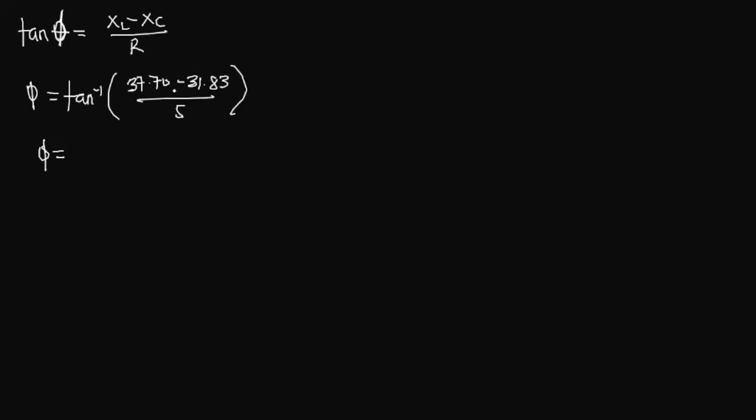If you do the subtraction, you're going to get 5.87 divided by 5 at the top, and then the tan inverse of this ratio is going to give you 49.58 degrees. So this is our phase angle for our example number 1.